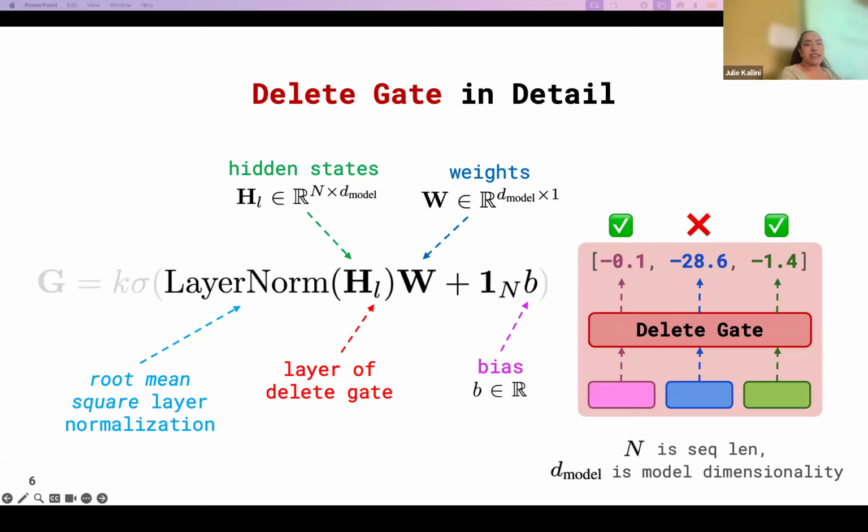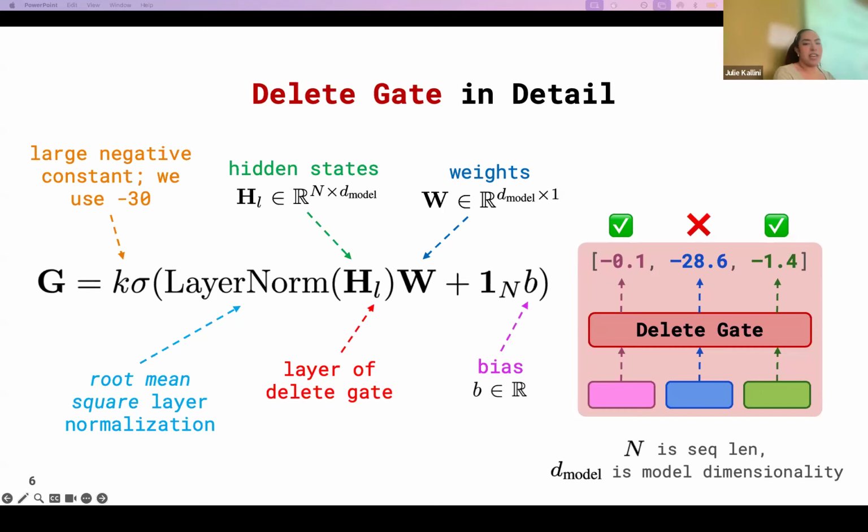And next, the normalized hidden states are multiplied by this weight matrix. So this is basically a linear layer, adding a bias term. And the vector of ones is just for broadcasting across the sequence length dimension. Finally, the logits are input to a sigmoid function, which we then rescale by a large negative constant.